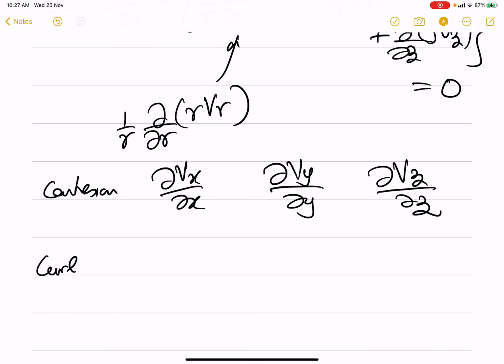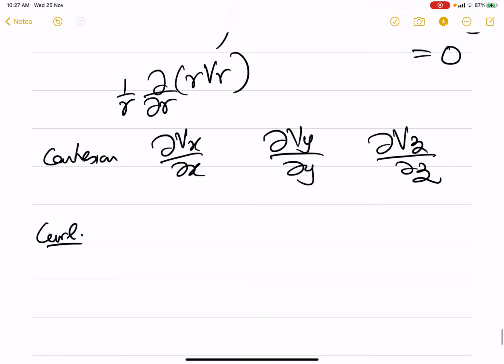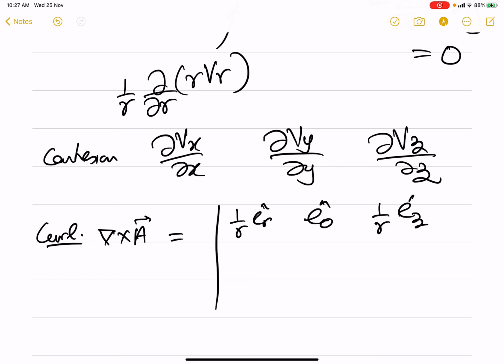Secondly, when we look at curl, in cylindrical coordinates, if I look at del cross A, this becomes 1 over r er, there's an extra 1 over r, e theta, and 1 over r ez.